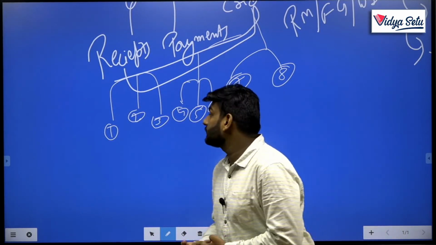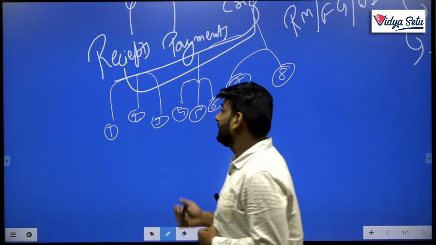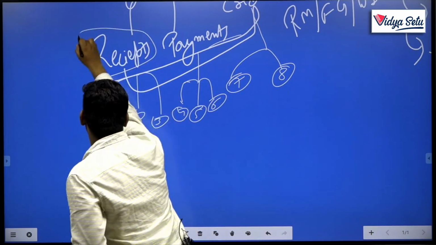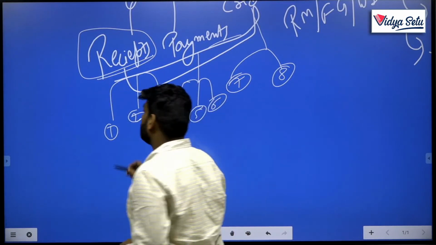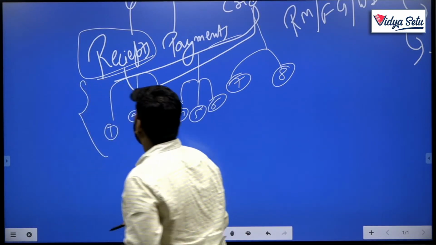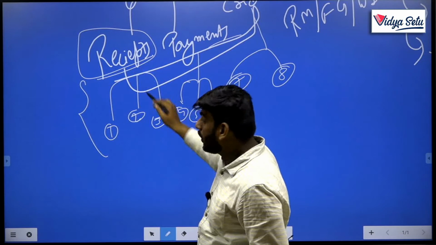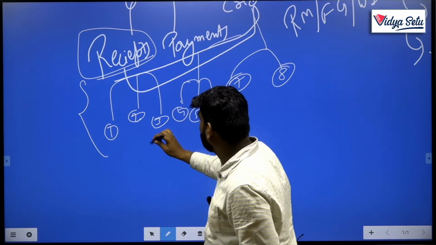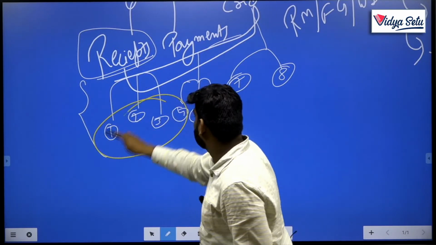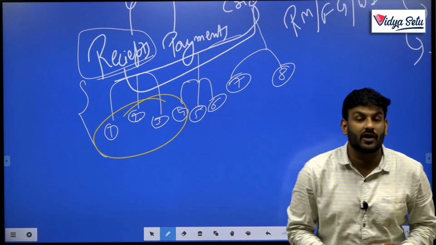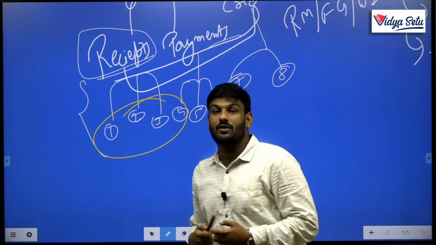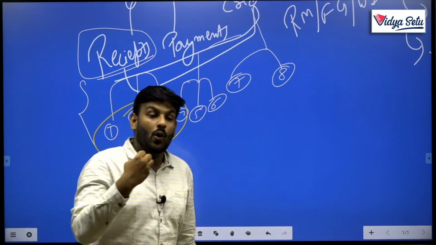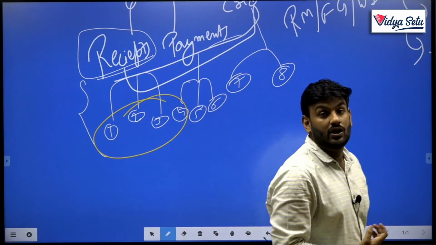Now what does span of management mean? In the case of the receipts department, span of management is up to this only, as in only these persons 1, 2 and 3 are dealing with the receipts manager, so only 3 subordinates are doing the job.